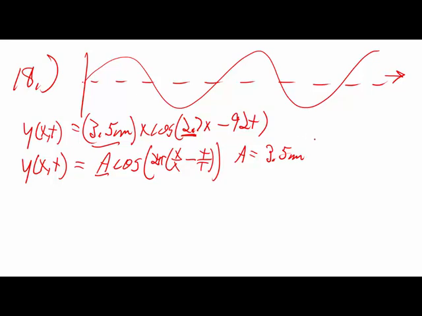Then 2 pi over lambda, because it's 2.7x, is equal to 2.7. And by the way, that should be radians per meter.